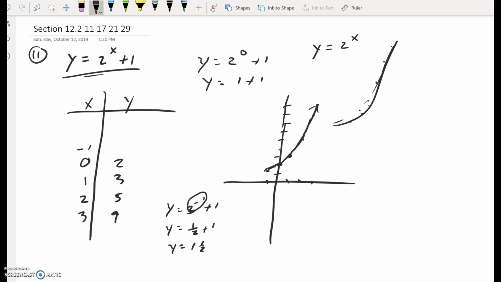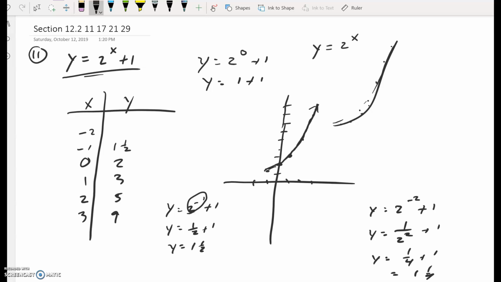What happens if you put in -2? Well, you'll get y equals 2 to the -2 power plus 1. Y equals 1 on top of 2 to the second power plus 1. Y equals 1/4 plus 1. Y equals 1 1/4.